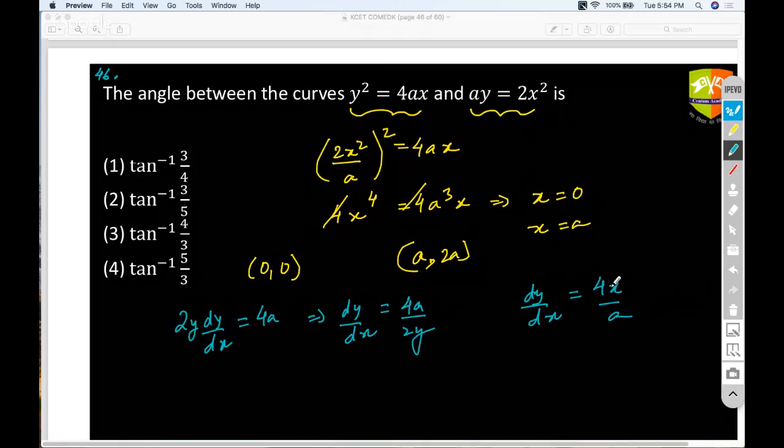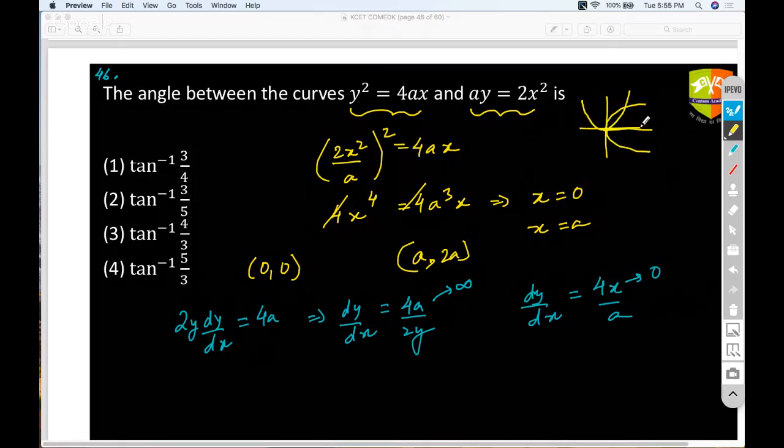Now, in this case, we'll realize that this goes to infinity, right? And as x tends to 0, this tends to 0, correct? We can check from the diagram as well. At this point, both the curves are meeting at right angles to each other.